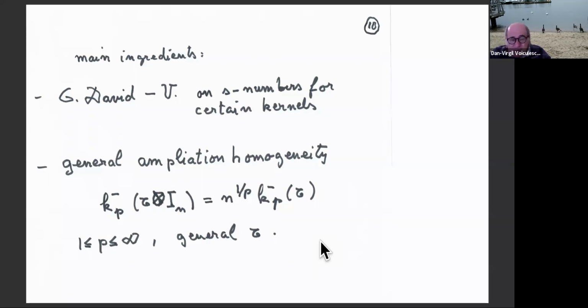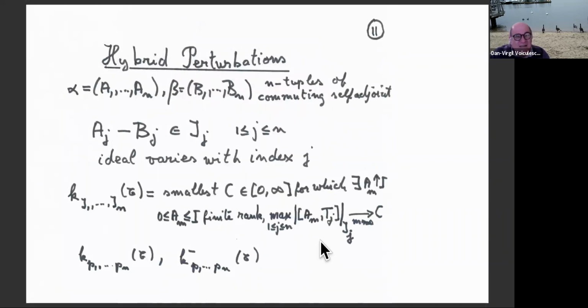Here it is non-trivial that you have such a property for these C minus P ideals. I was aware of this for p equal 1, where it is the same as the Schatten-von Neumann class, and for p equal infinity, where there is no n to the 1 over p, because 1 over infinity is 0. But it was a surprise to me that it is true also for the other p with K minus P. So this is the source of such a formula in fractional dimension.